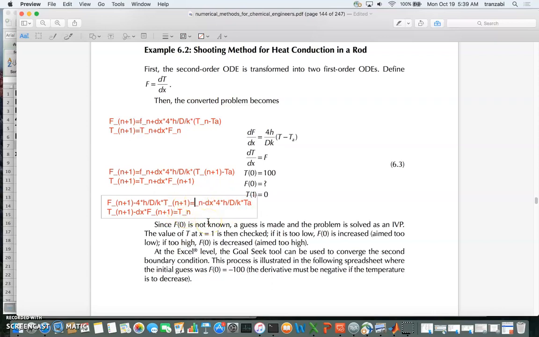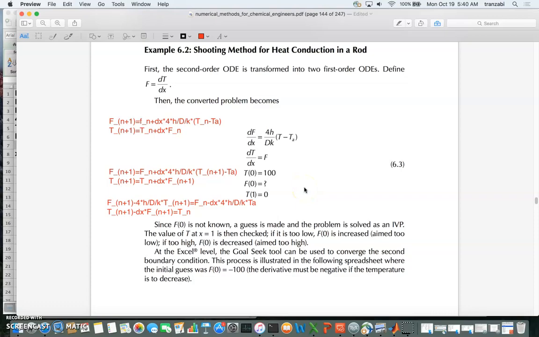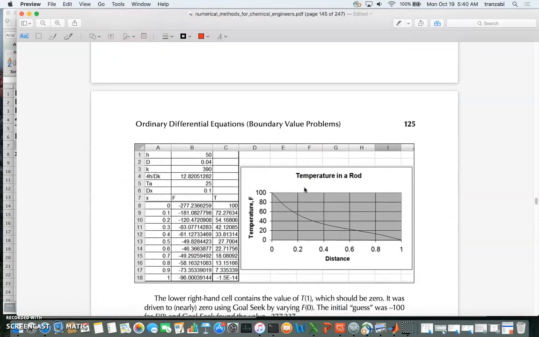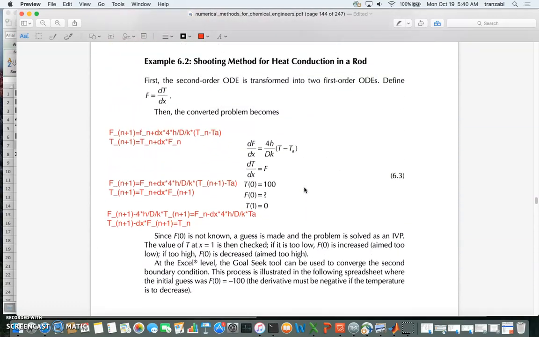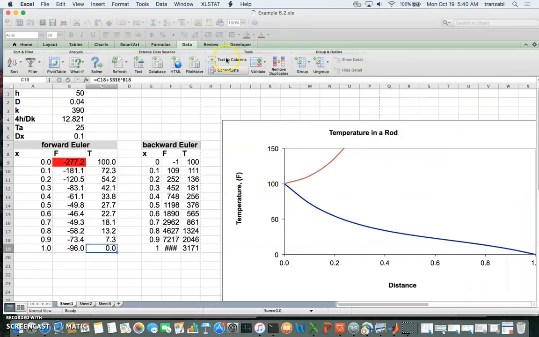By the way, this should be capital F, like that, and same thing here. Solving this is not difficult, two equations, two unknowns. And if you do that, then you see the equations as I have on the spreadsheet right there.